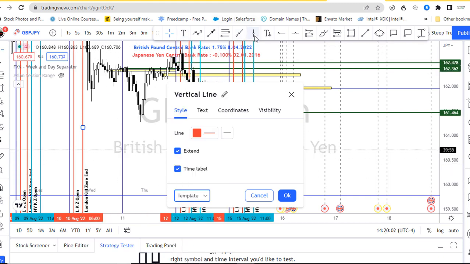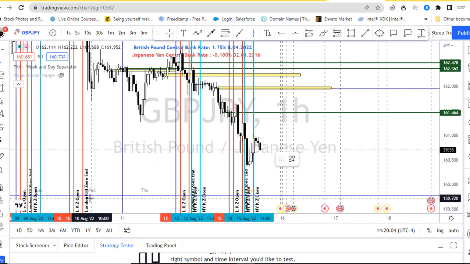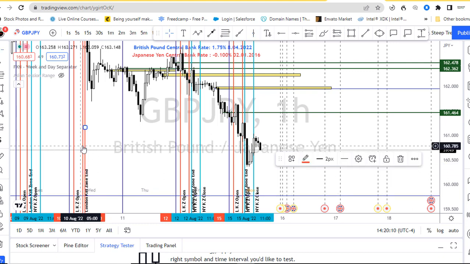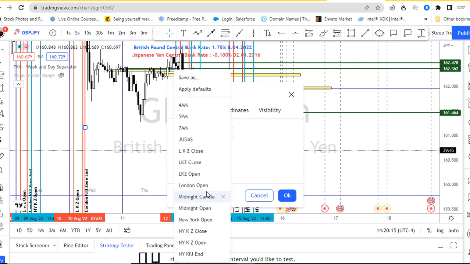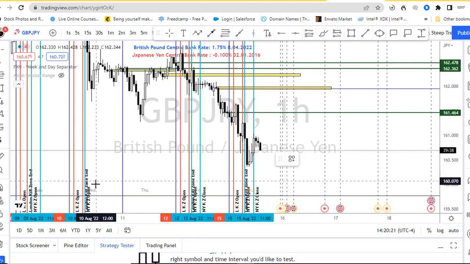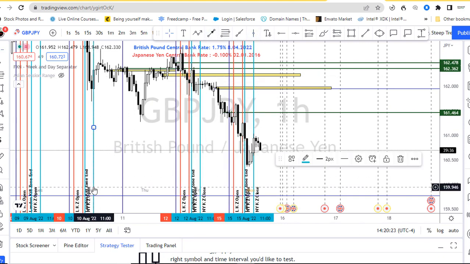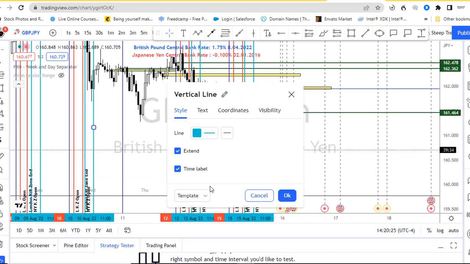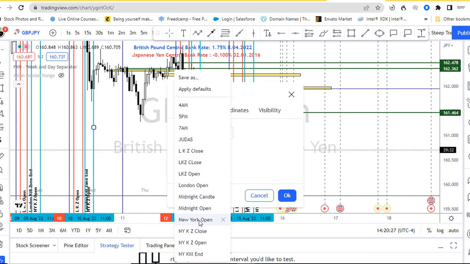Right, and then you're going to go 7 o'clock Eastern time to 11 o'clock Eastern time. And that's your New York kill zone time.